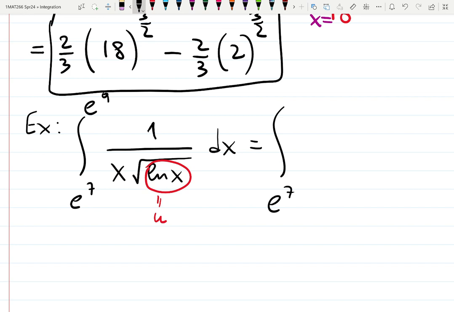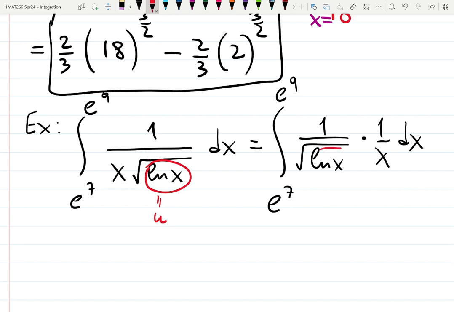It's not like I'm changing anything, I'm going to relocate some stuff: 1 over the square root of log x times 1 over x dx. Now it's even more visual. If u is ln x, then du is perfectly 1 over x dx.